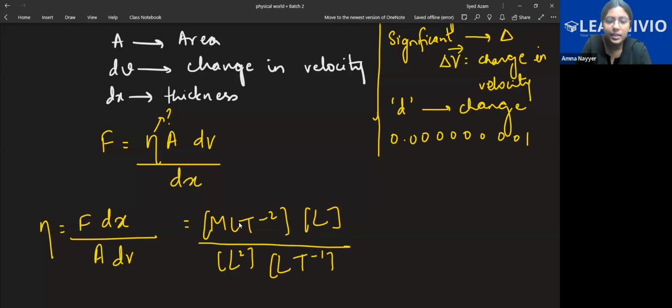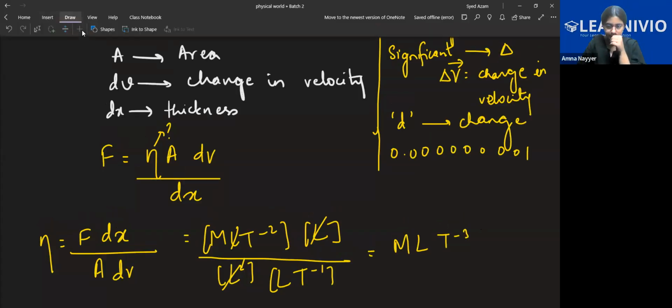Okay. So see, this L will cancel one L. This L will cancel that L also. So now you tell me, Maha, what should be the final answer? ML, and then minus 3.